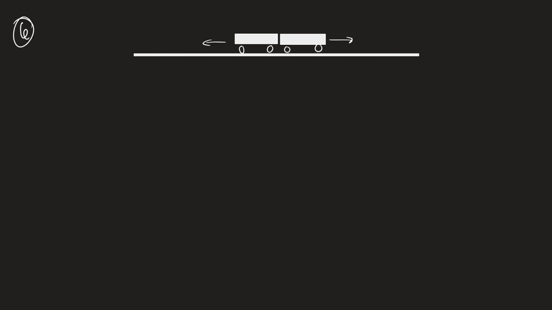What is the momentum of the system before you release the spring? Yeah, it's 0. It's not that big a deal. Before you release the spring, they're just sitting there, right?